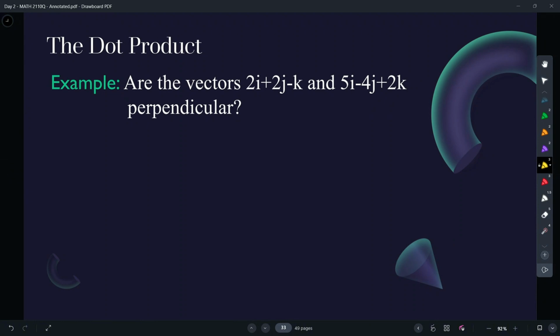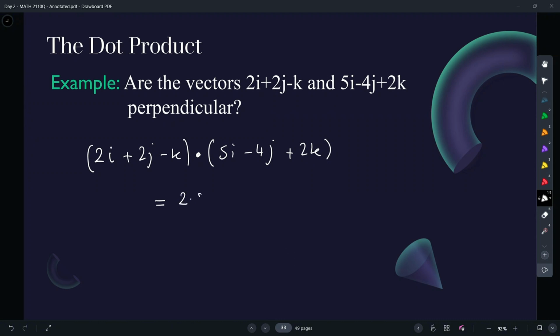I can do the dot product directly with these vectors. If I want to do the dot product with vectors in this form, I take the sum of the products of the coordinates. So it will be 2 times 5 plus 2 times minus 4 plus minus 1 times 2.